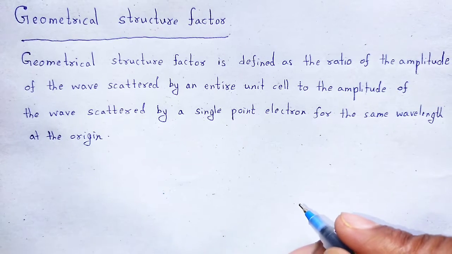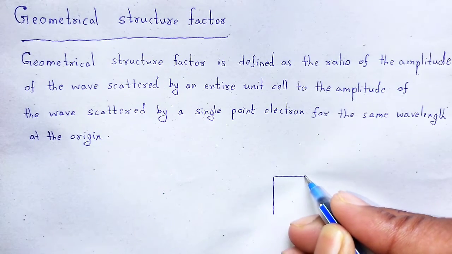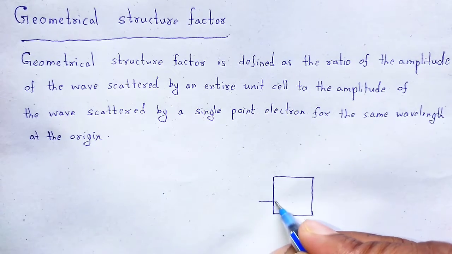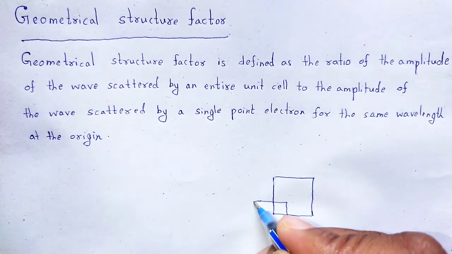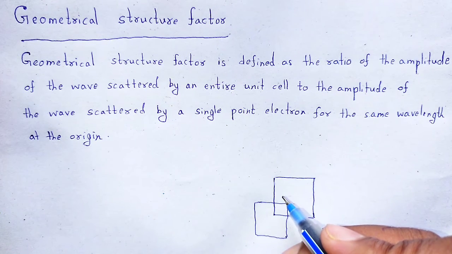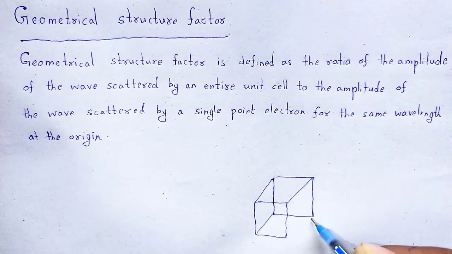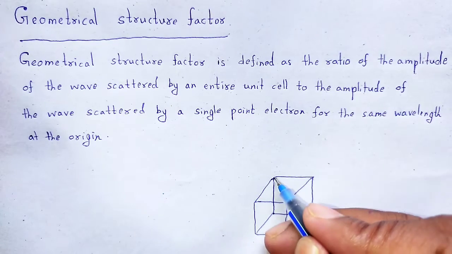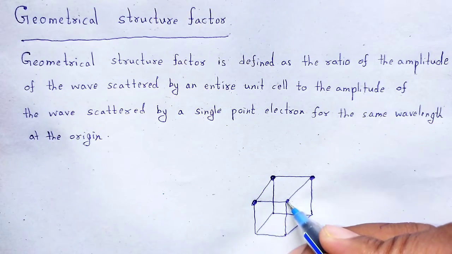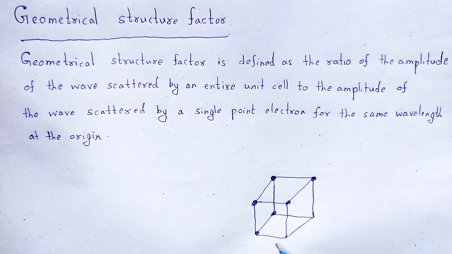Let me consider a unit cell, a simple cubic unit cell. The atoms are at the corners.